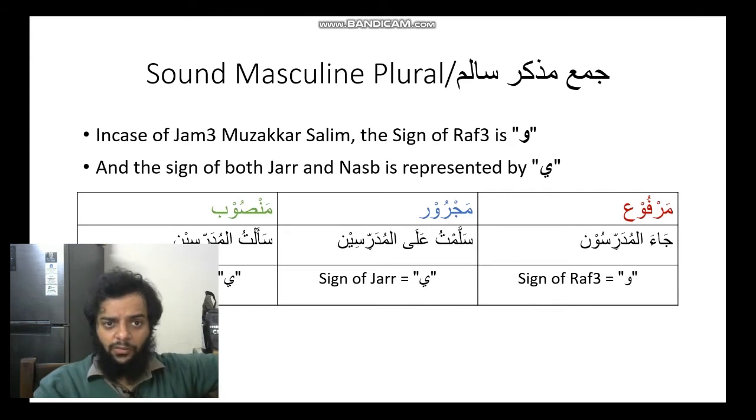Jama Muzakkar Salim, or sound masculine plural, is basically a plural that has its original singular form, but you just add two letters at the end, like waw nun or ya nun. It is also present in English. For example, the plural of book will be books.